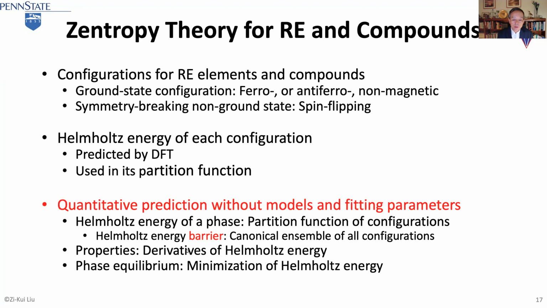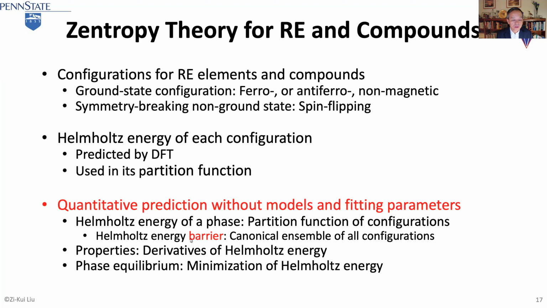So if we put them back together using statistical mechanics, I will demonstrate that we can have a quantitative prediction of the free energy without models or fitting parameters. In that case, we produce the Helmholtz energy of a phase with the partition function of configurations.